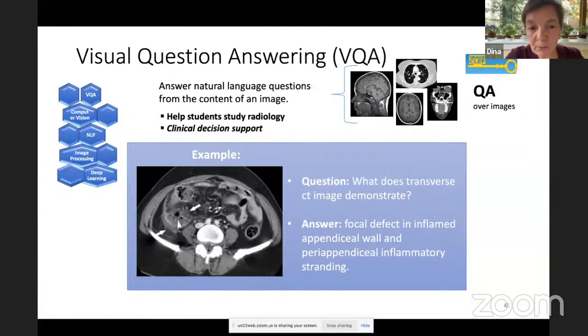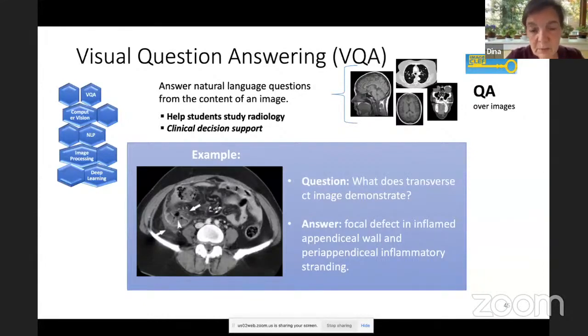One such case, of course, is supporting the decisions for the radiologists. And this is a real problem because radiologists have a huge workload, and a system that could ask an intelligent question or point them to some abnormality in the image would be very helpful.